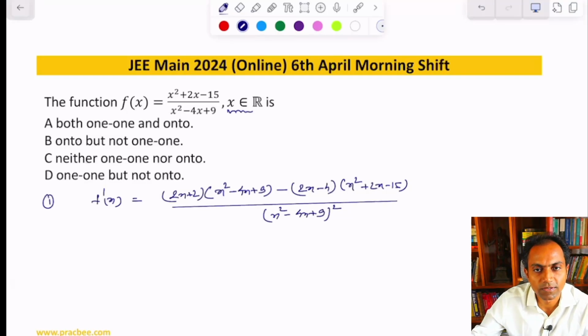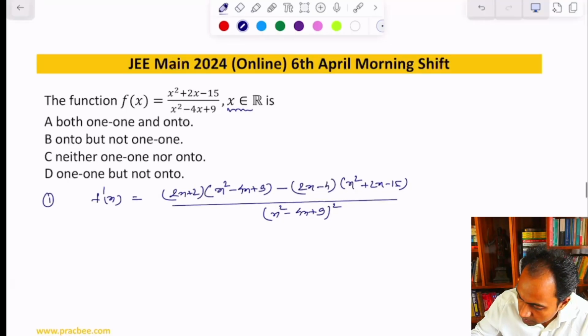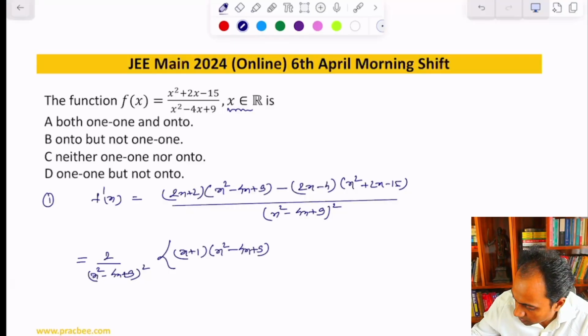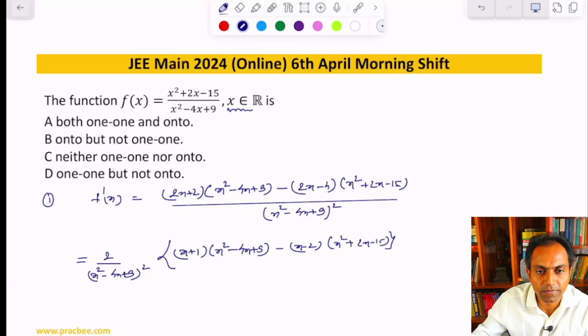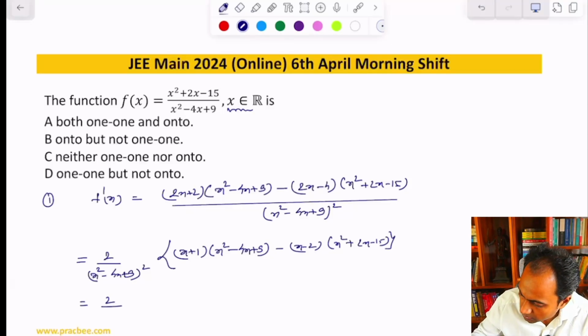Once you have this, you can take 2 common. x square minus 4x plus 9 whole square is in the denominator. What we will have is x plus 1 into x square minus 4x plus 9 minus x minus 2 into x square plus 2x minus 15. Now, if I simplify this, let us see what we get, or can I take something common? That also I will have to work out.